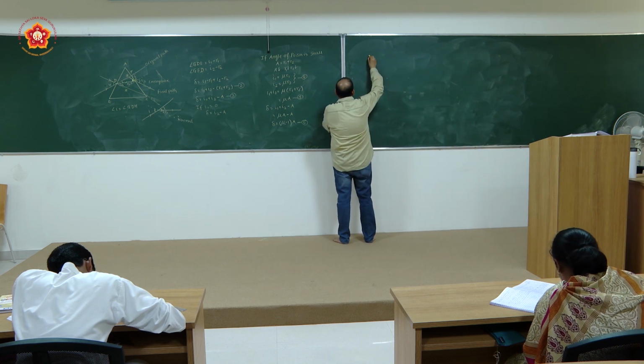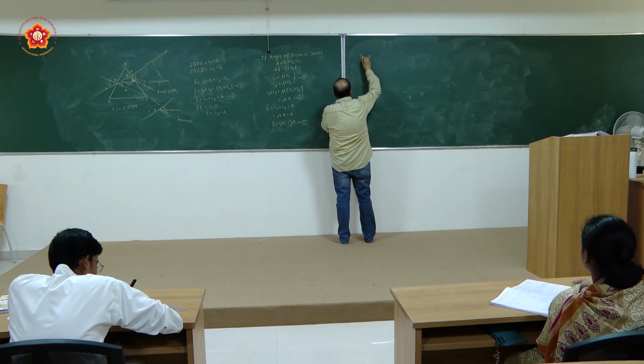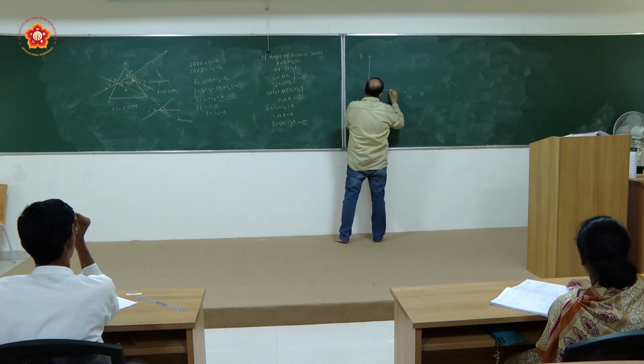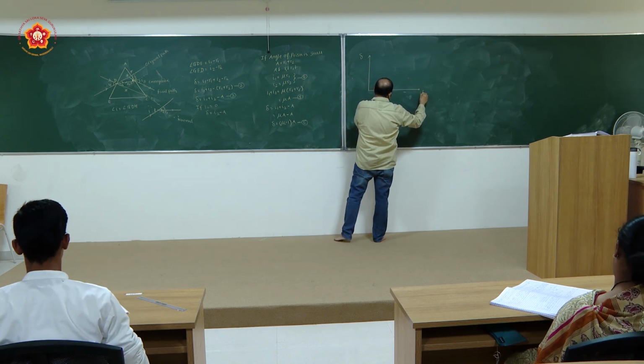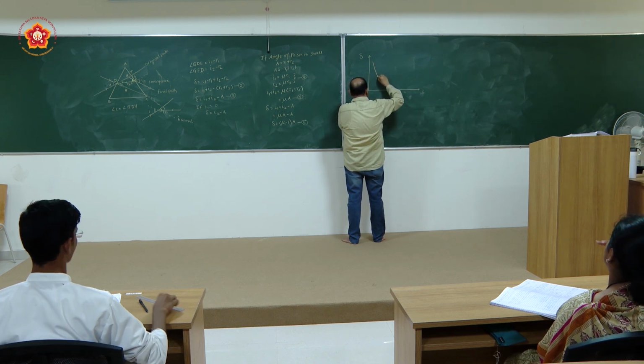So you have a figure here. This is representing angle of deviation against the angle of incidence. The nature of the graph would appear to you like this.